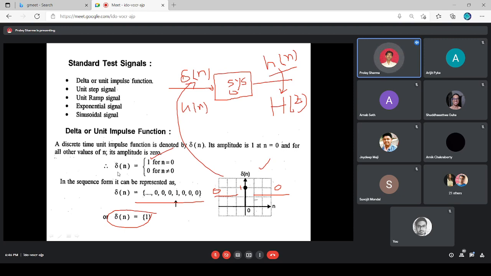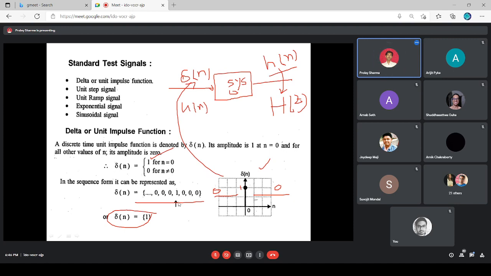This type of signal is mathematically expressed this way. For n equal to 0, the amplitude is 1. For n not equal to 0, either positive or negative, the sample value or amplitude of the signal is 0. This is the functional representation.